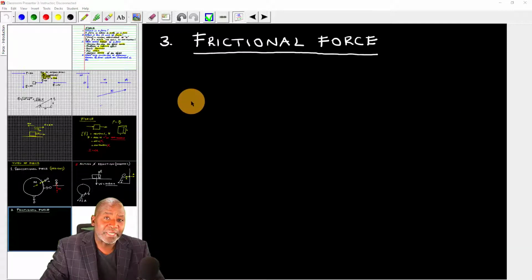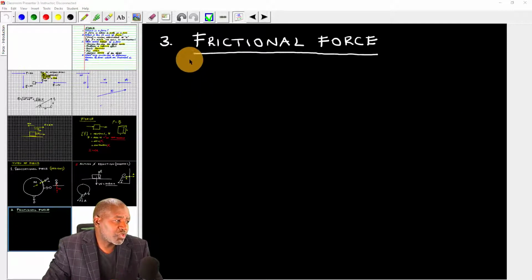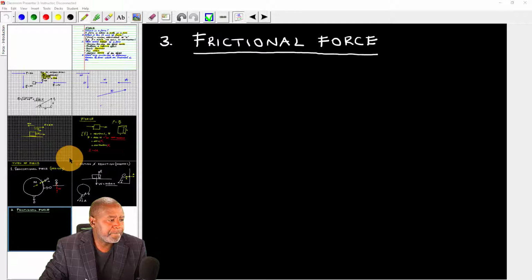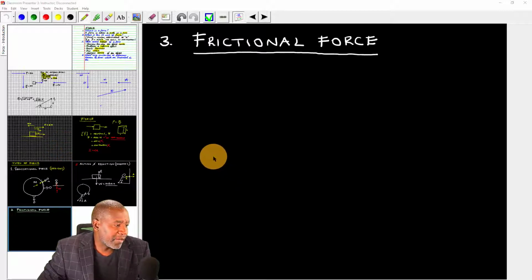Okay, welcome back. The next force that I want to talk about is frictional force. We are well aware that friction force can be important in our lives, and it can also cause a problem in our lives. Let's look at, for example, situations where it is necessary. And this one is when you are walking.